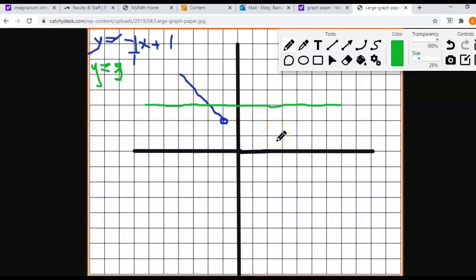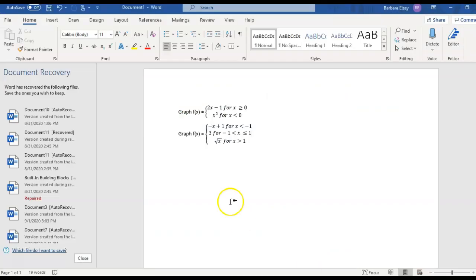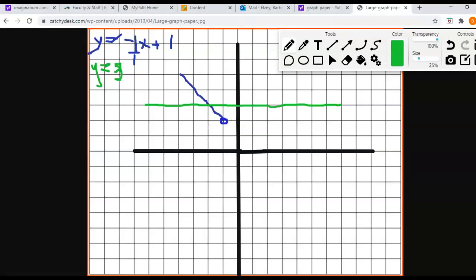All right, but now if we go back to our original, we need for our x values to be between negative 1 and 1. So here's the x value of negative 1, and here's the x value of 1. I really only want my graph to be from here to here. Think of your x values as kind of spanning vertical lines.